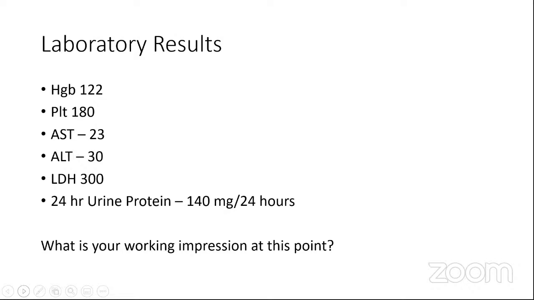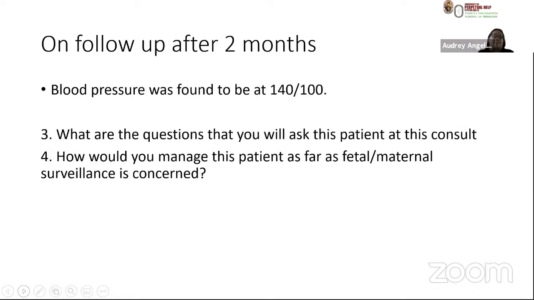They would have different values, and we use our Mississippi criteria more often. Okay. So after 2 months, you did not go back after a month, and after 2 months, your blood pressure was found to be 140/100. Okay. What are the questions again that you will ask the patient at this consult?